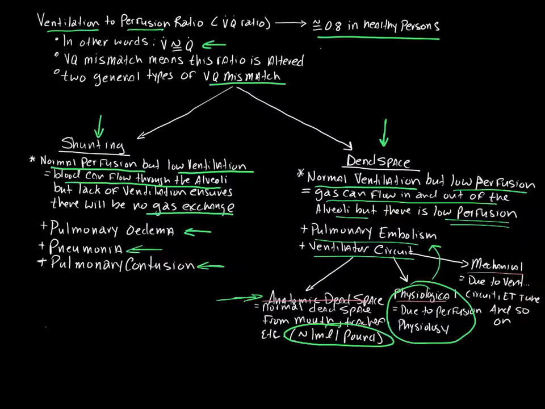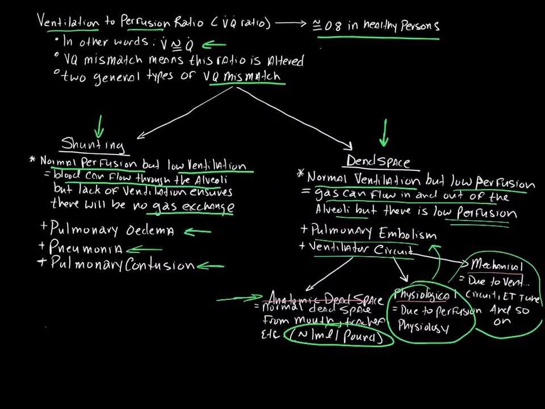And then mechanical dead space is dead space that we can add, i.e. you add a ventilator circuit, and you put a bunch of HMEs in there and some HEPA filters perhaps, and then you add some more circuit because you want to do an inline neb. And so you have all this tubing that takes up dead space. That can also add dead space to your patient. And mechanical dead space is particularly important when we talk about pediatric patients.